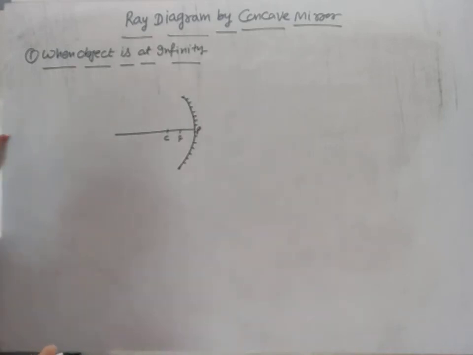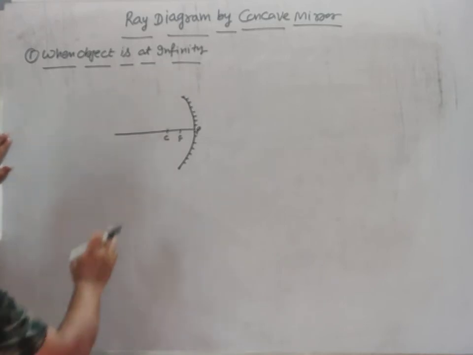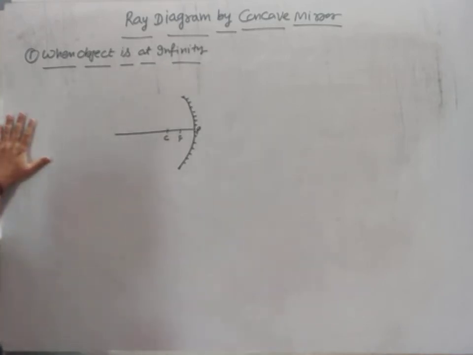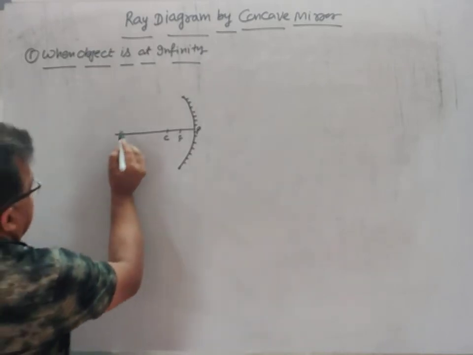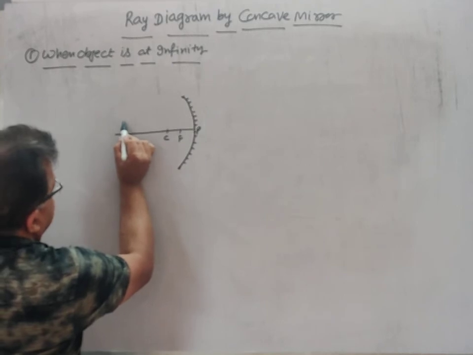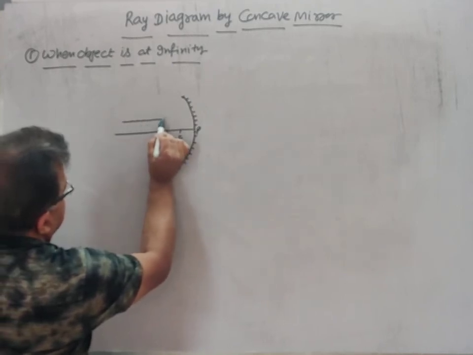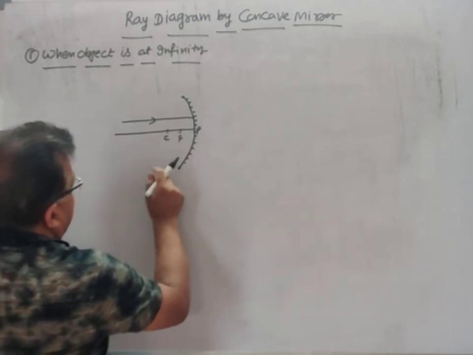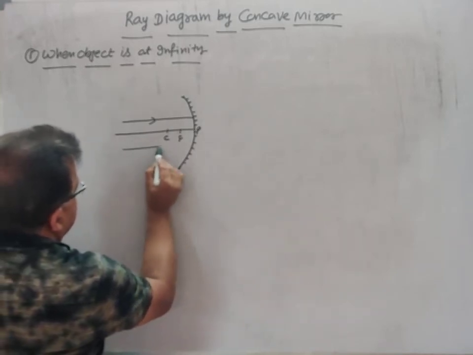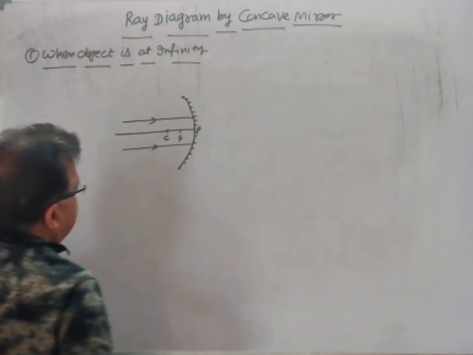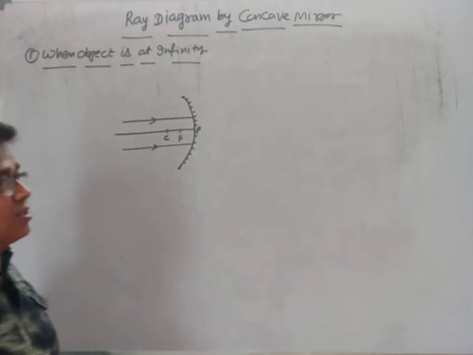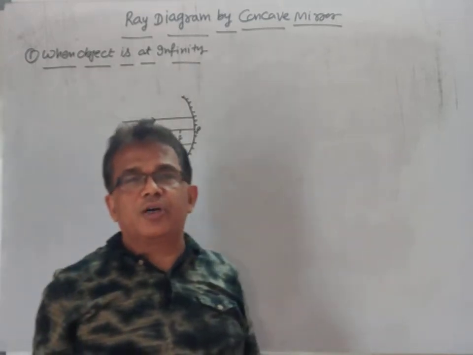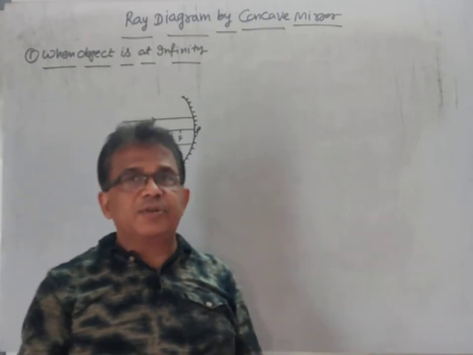Object is anywhere at infinity, means at a very long distance. So normally we don't show object because that is at great distance. Rays coming from infinity are parallel. This is one ray, and ray diagram is formed when there is large number of the reflected rays meeting.